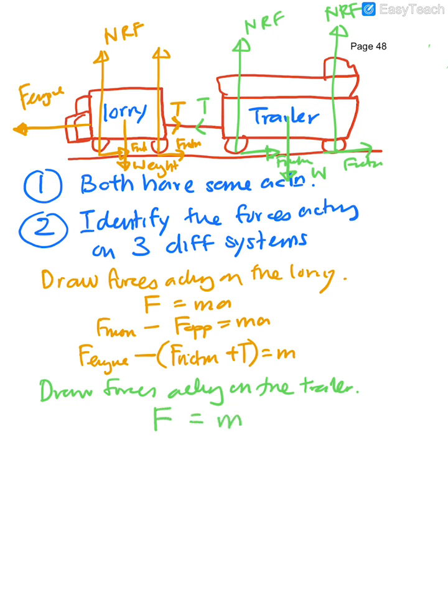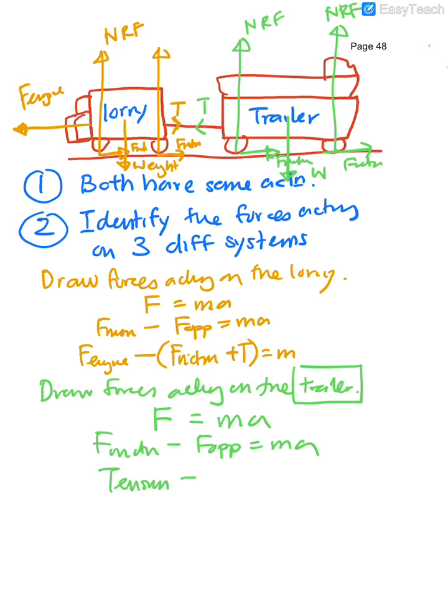So write the two lines. Here, force of motion, what is it? Like the engine force? No, not the engine force. I'm asking you to draw the forces acting on the trailer. Oh, so it should be tension only. The engine force is there, but it's on the lorry.